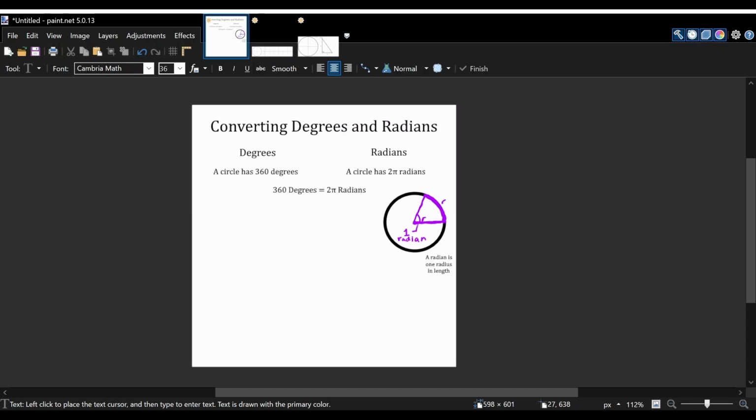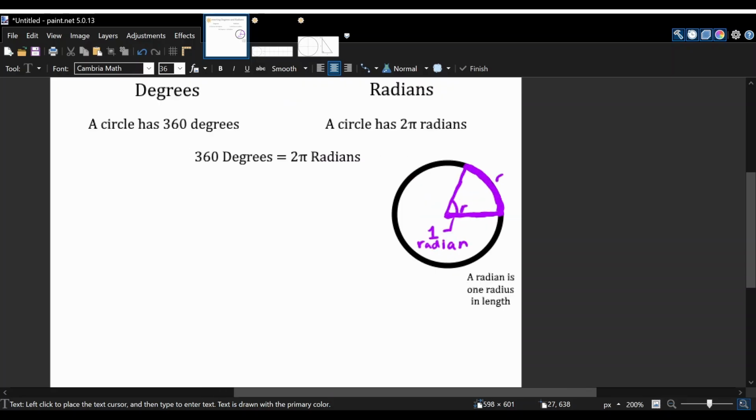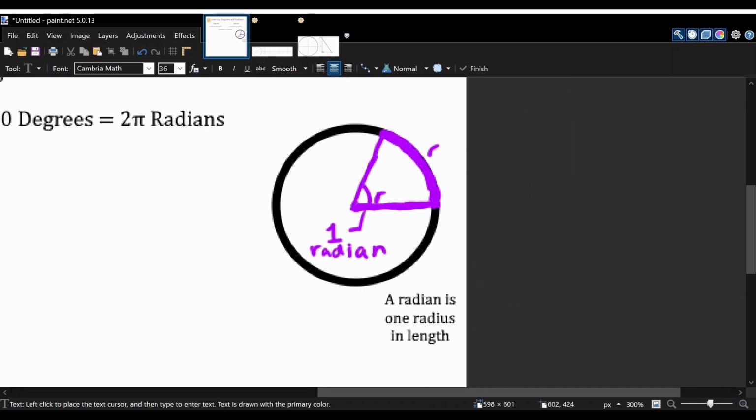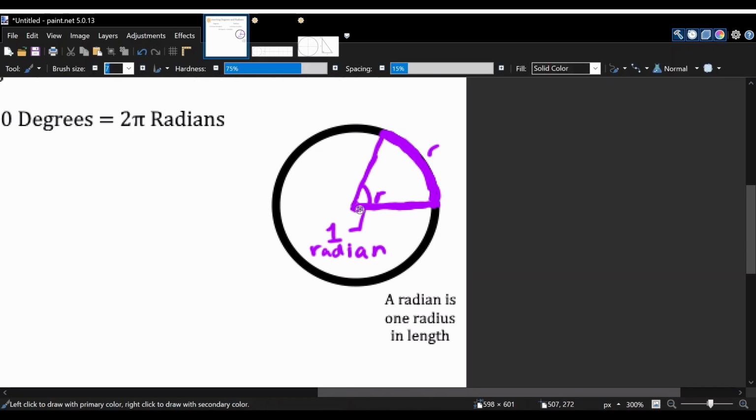and a radian is 1 radius in length, which you can see in this circle, where this is the radius, and this is 1 radian.